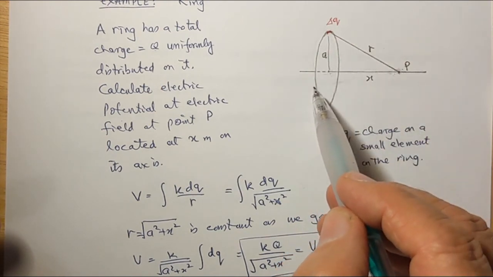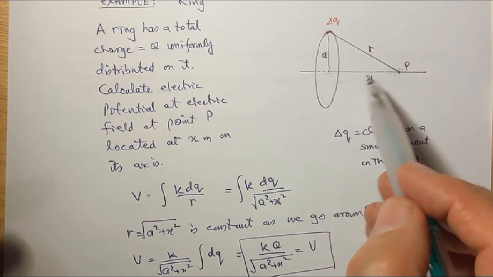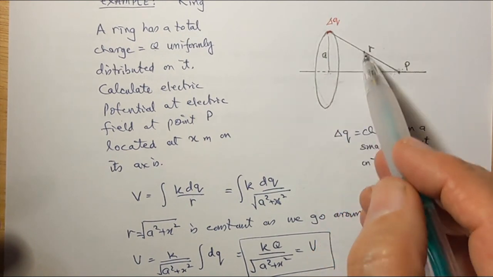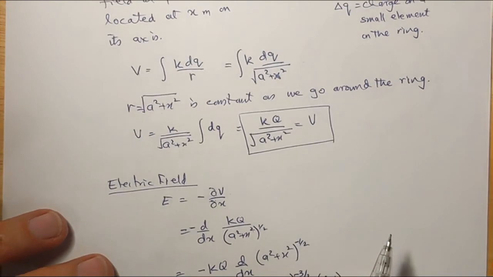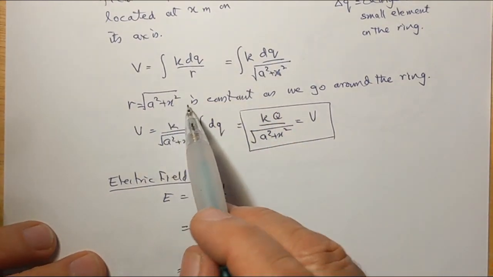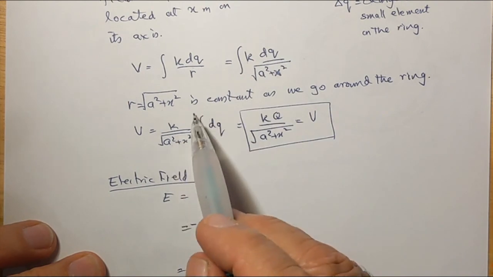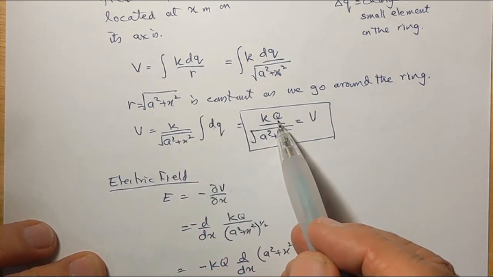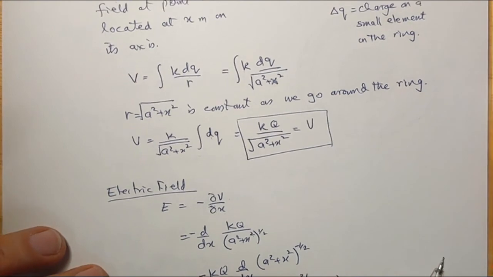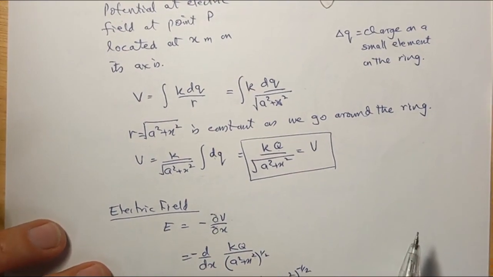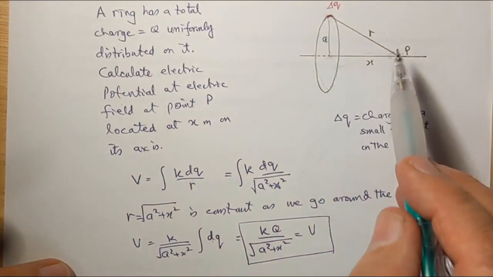So r here will still be the square root of a squared plus x squared. So r remains constant, and so it can be taken outside. So now the k is outside and the r is outside. We're left with the integral of dq, which is simply the total charge q, and that becomes the electric potential at the point on the axis a distance r from the ring.